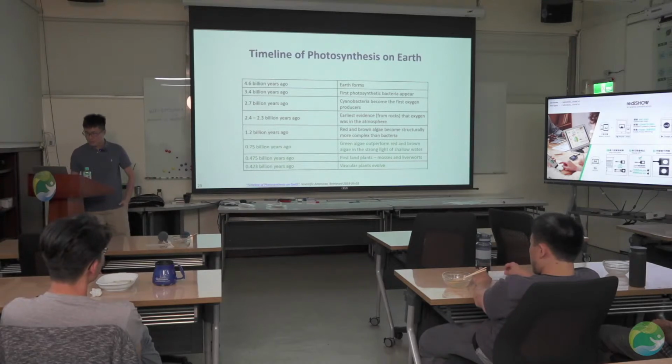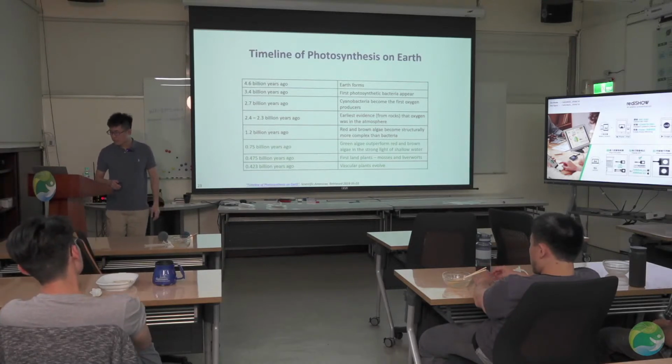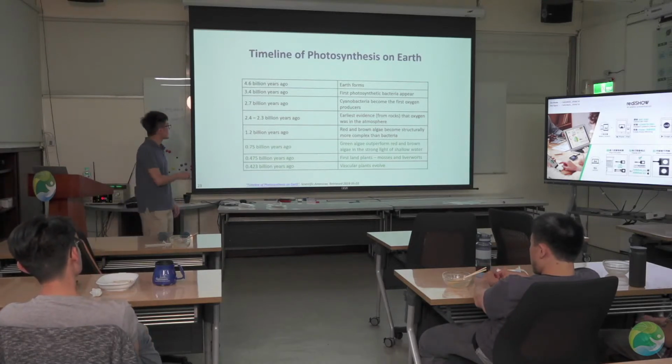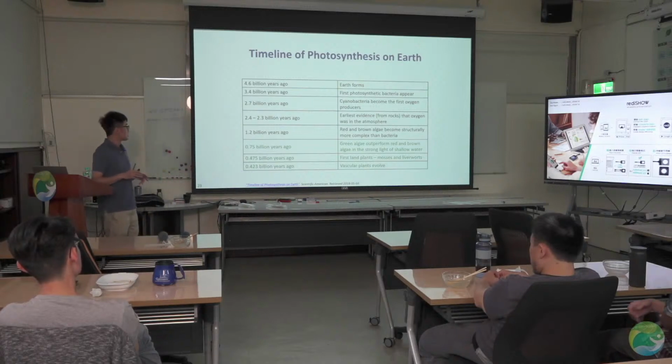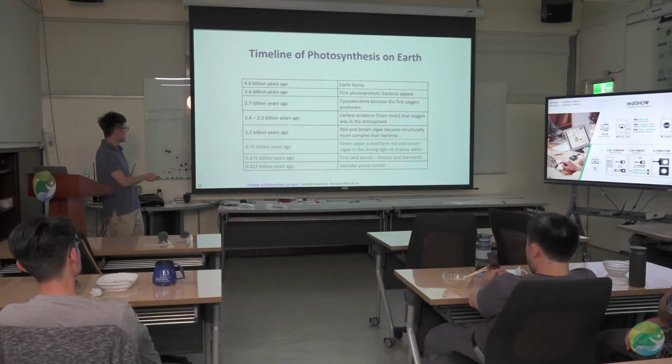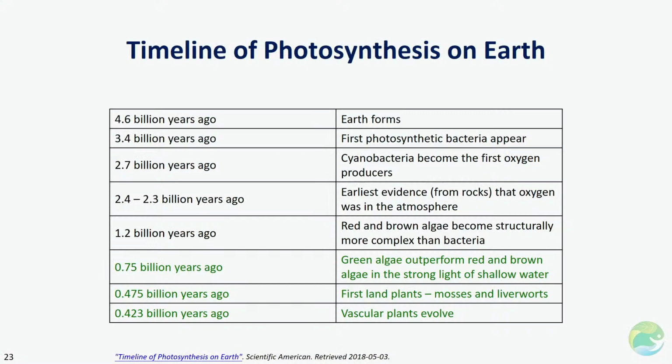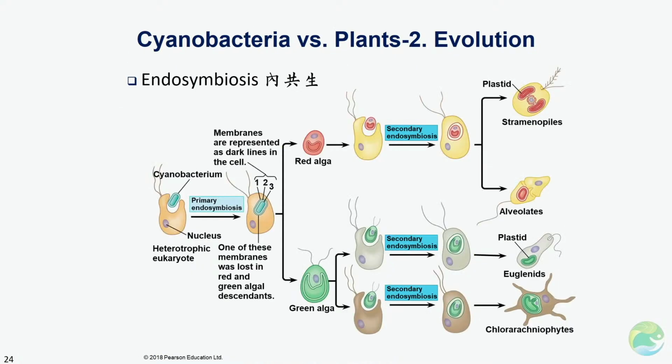Talking about the relationship between cyanobacteria and plants, you can see that cyanobacteria evolved very early on the Earth, and the green algae and land plants appeared later, around 0.5 billion years ago. Cyanobacteria is basically an ancestor of algae and plants by endosymbiosis.